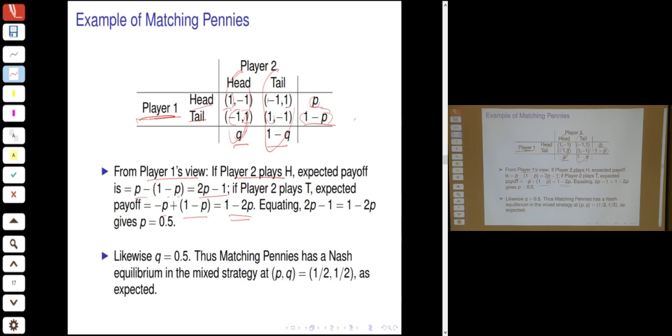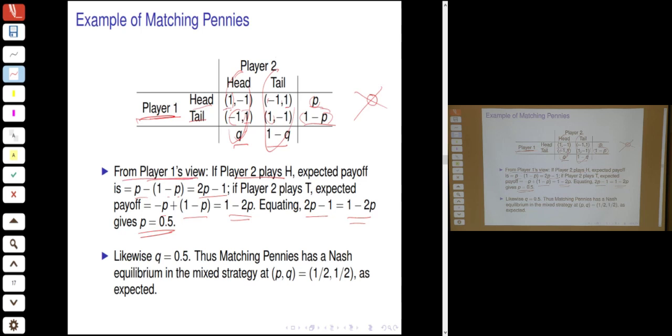So again, you can plot these curves and find the point of intersection. You can solve for the right value of P by setting the two payoffs for the two possibilities to be equal, and then you will get the optimal value P star, which is 0.5 in this case. This is analyzing the game from player 1's point of view.